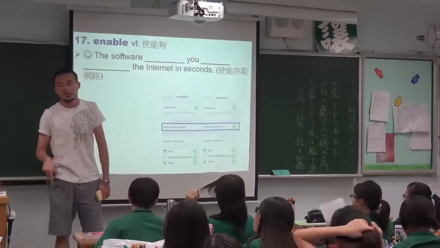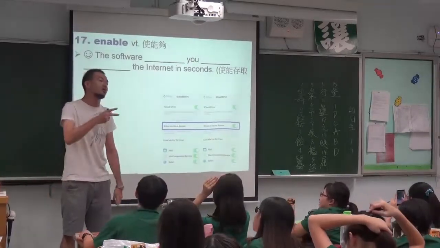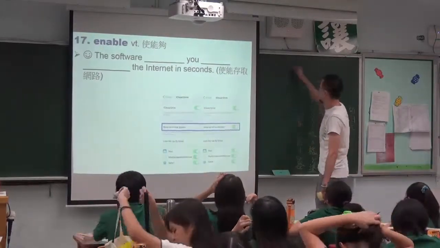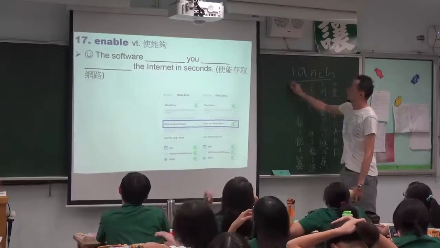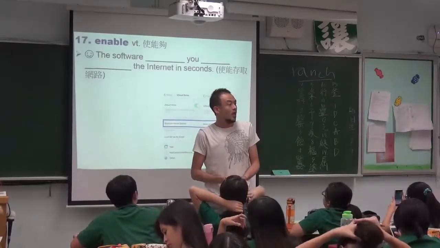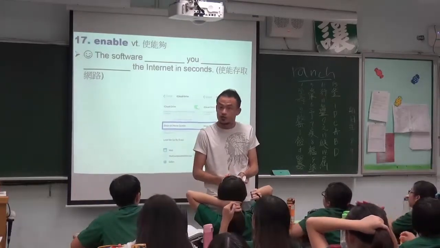Number one, you were in kindergarten. And number two, you were on a farm, on a ranch. You know the word ranch? Many of you went to the ranch of Xiaodingdang, Flying Cow Ranch, when you were in junior high. Did you go there?